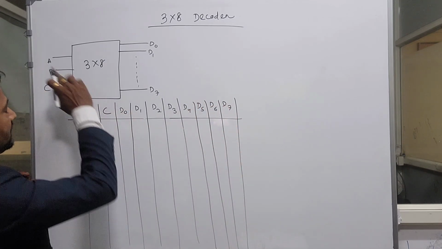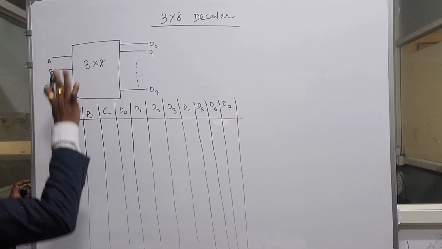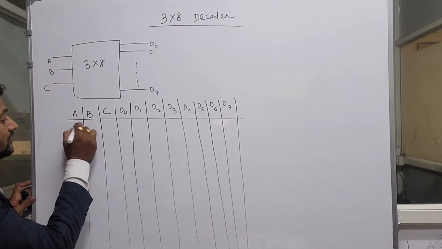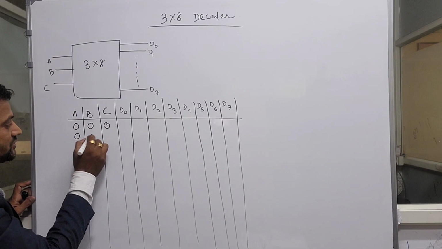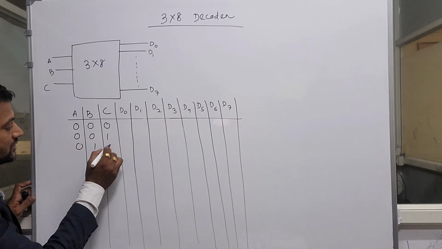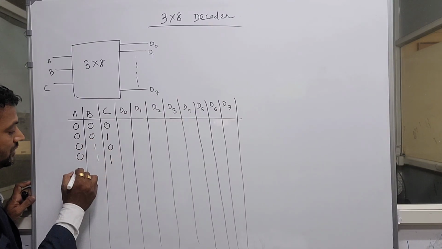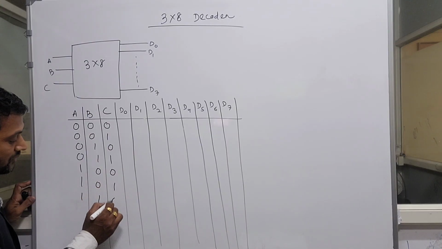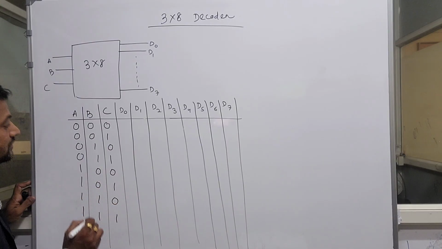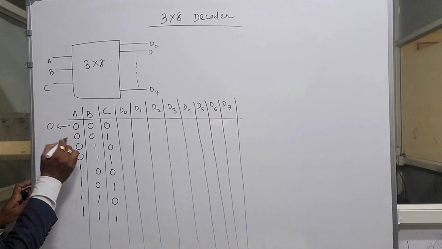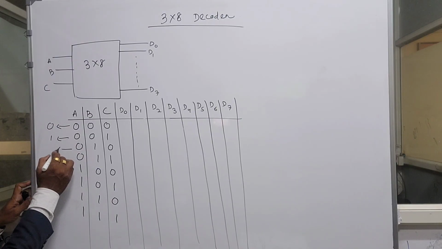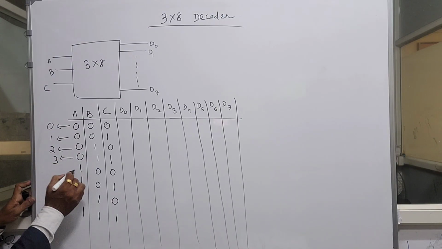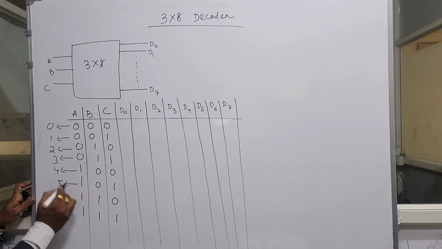So what are the possible inputs? मतलब 000, 001, 010, 011, 100, 101, 110 and 111. Corresponding decimal value क्या है? 0, 1, 2, 3, 4, 5, 6 and 7.